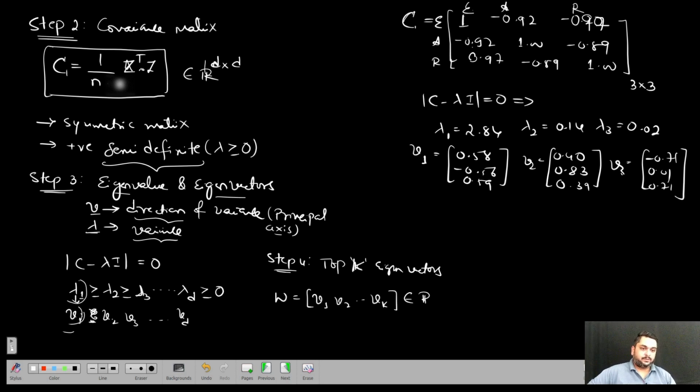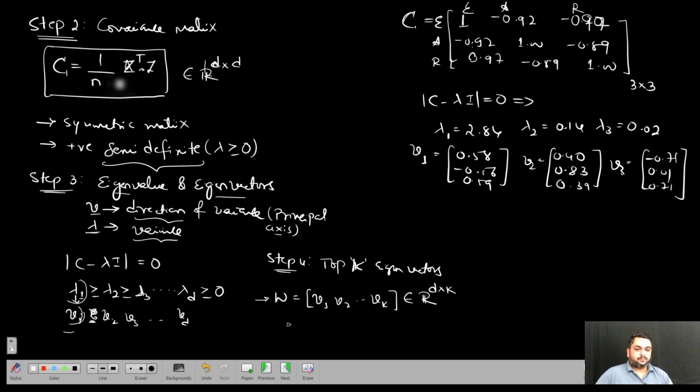It belongs to R to the d times k. There are k columns and d rows, because v1 has d values, as it is d-dimensional. Now I have this W. W gives me the projection matrix. I multiply it with my Z, the normalized data matrix, to get my new projection.